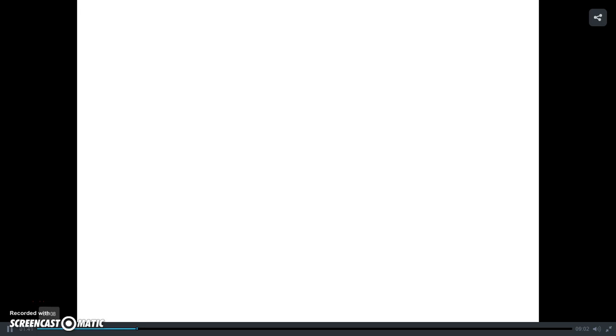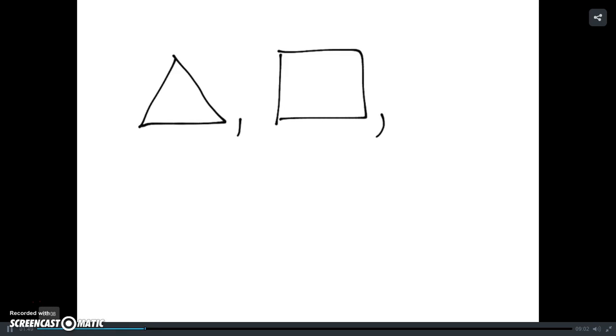You might also get something that's more of a picture. So I might give you some shapes like this, and I might ask you, what is the next shape in the series? And so you would say, okay, this is a triangle, and this is a quadrilateral, and this one is a pentagon.